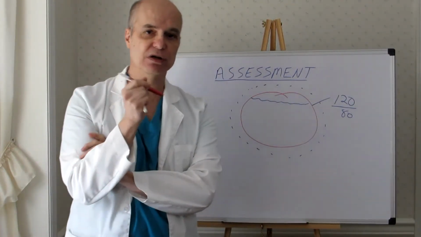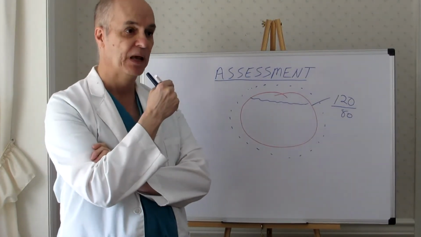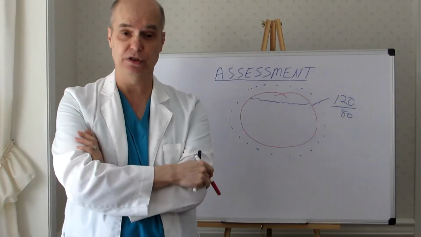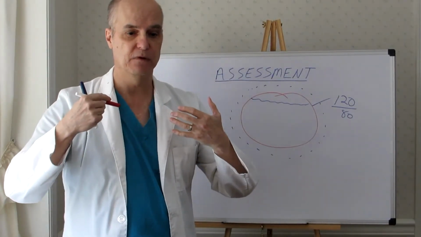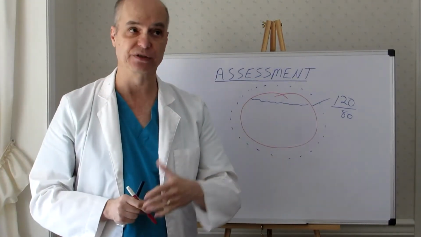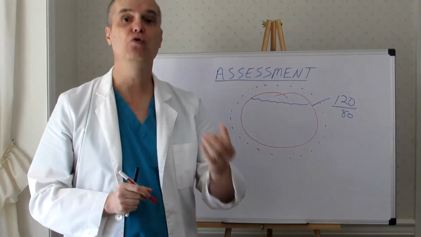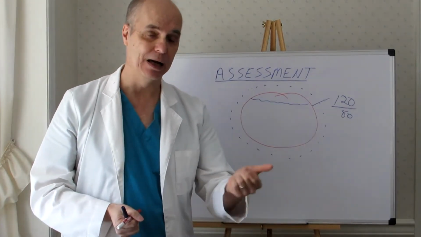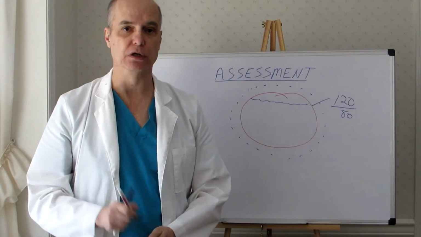Now, in your assessment and when you're caring for your patients, you need to be thinking about this because there are different things that can cause an expansion of the vascular space. For instance, chemicals, we can give pharmacological agents that are going to cause expansion of the vascular space. So if our patients normally are hypertensive and we give an anti-hypertensive to that patient, you're going to expect that you're going to see a drop in the blood pressure.